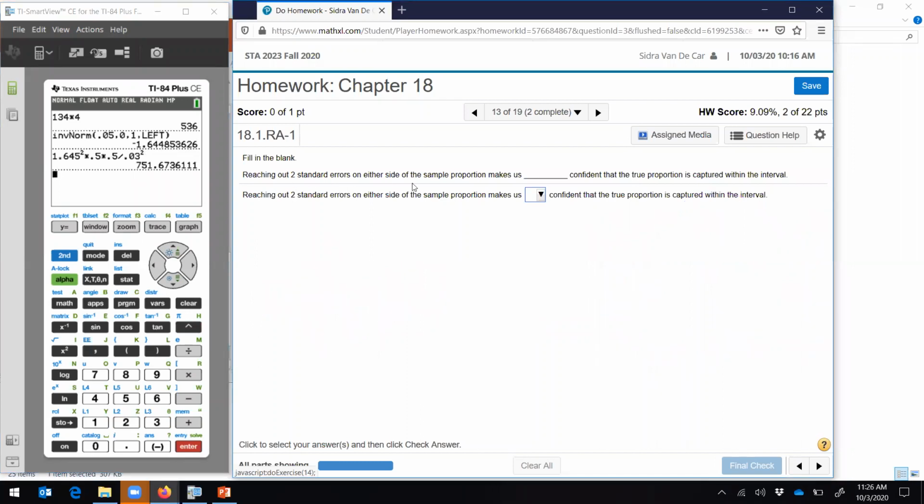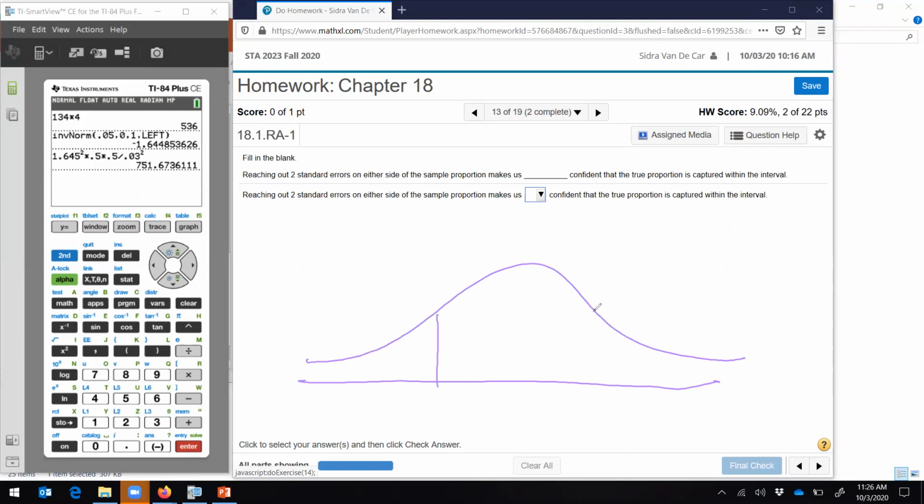Reaching out two standard errors on either side of the sample proportion makes us about 95% confident. So remember our 68, 95, 99.7: the empirical rule says within one standard deviation, so this is -1 to 1, right? 68% is in here.